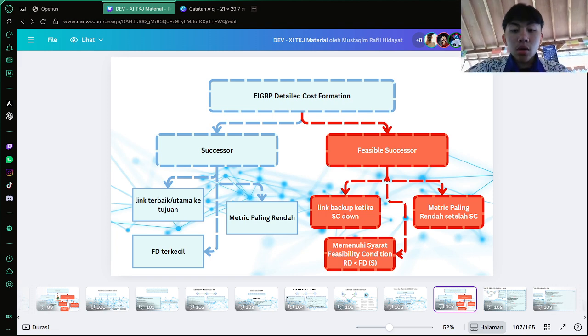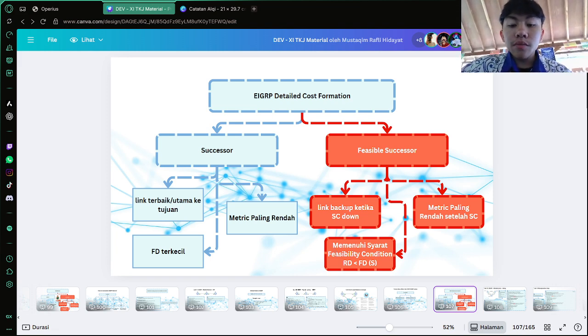Metric calculation formula. Based on current EIGRP implementation, the metric is based on bandwidth and delay, where bandwidth is the slowest link in the path in kbps, delay is the cumulative delay in microseconds, and K values are the weighting vectors.